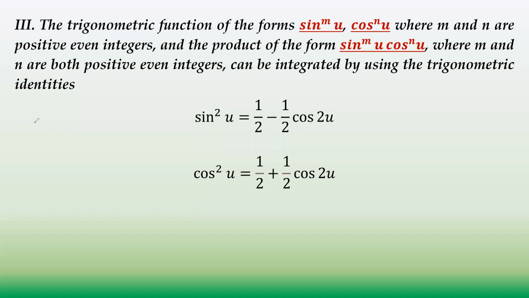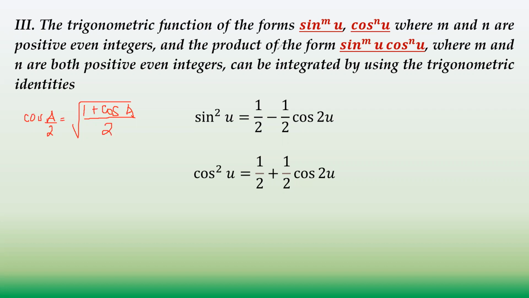Halimbawa, yung cosine of A over 2, half angle. So, equal yan sa square root kasi ng 1 plus cosine A all over 2.